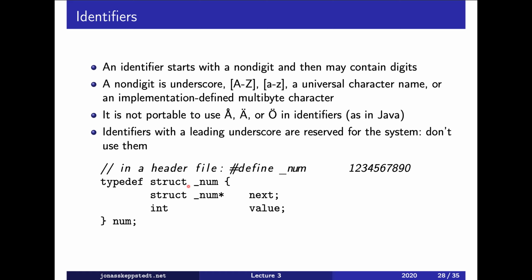They think that the struct tag is not allowed to be the same as the type name. So to make them different, they introduce an underscore in front. That's really wrong.